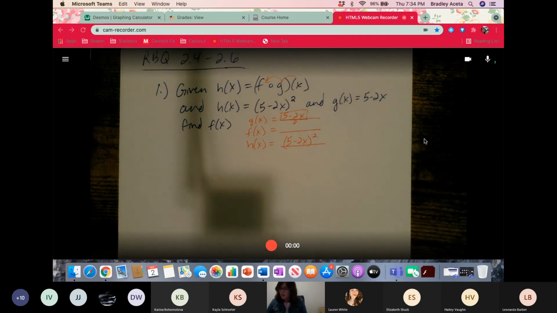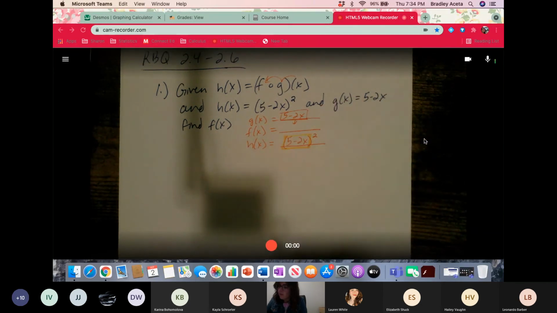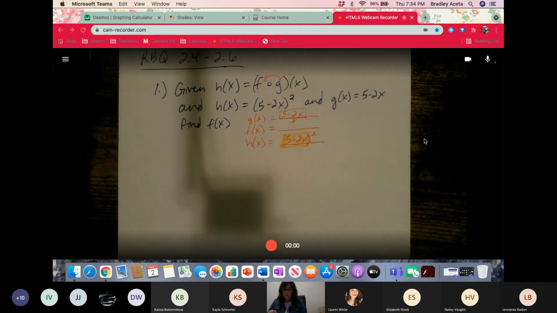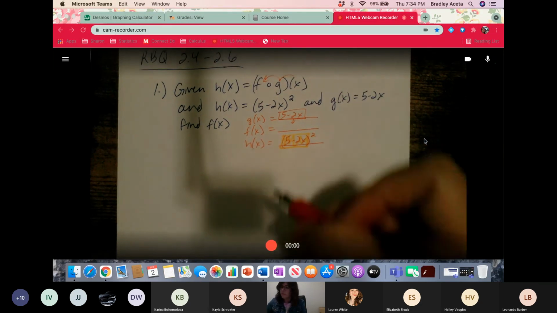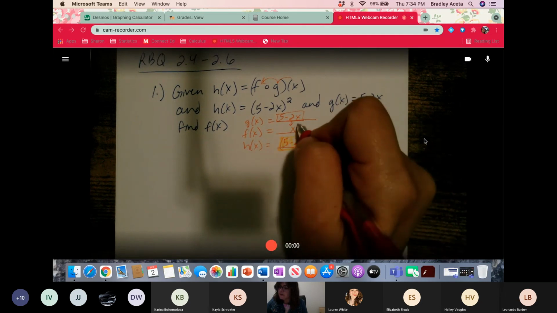Remember, wherever I see a parentheses or a power, I kind of box that in and call that my x value. So couldn't I just call f of x, x squared?